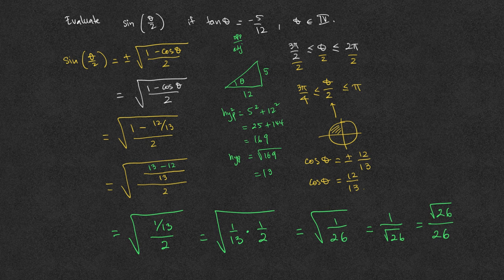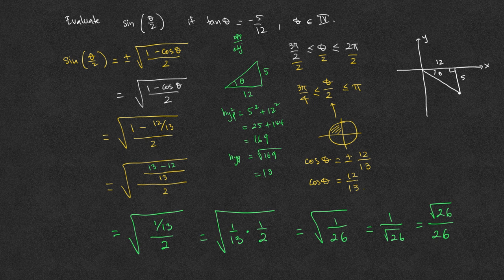We're now done with the problem, but the way that we drew the right triangle is questionable. We know that theta is in the fourth quadrant, so a better way to draw the right triangle is to have it below the x-axis, with the side opposite the angle theta being 5 and the adjacent 12.